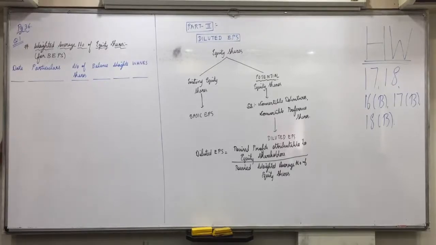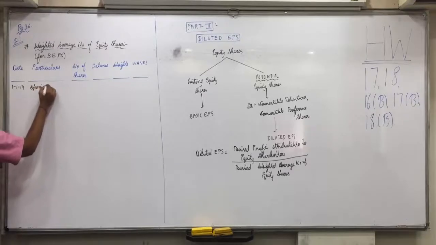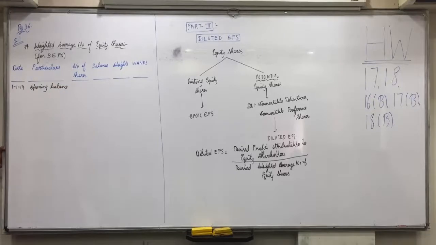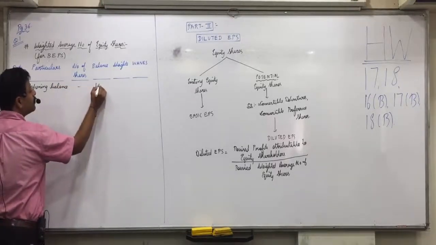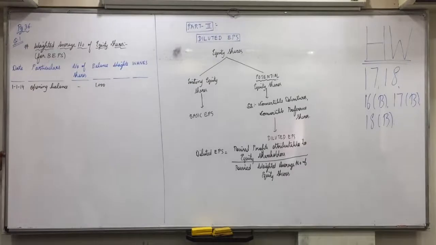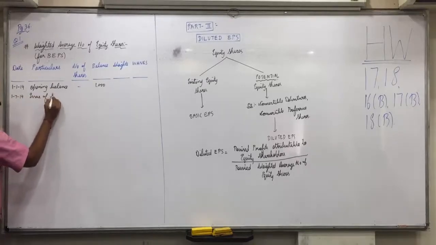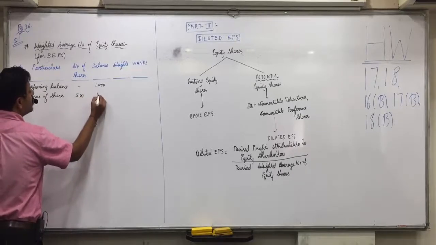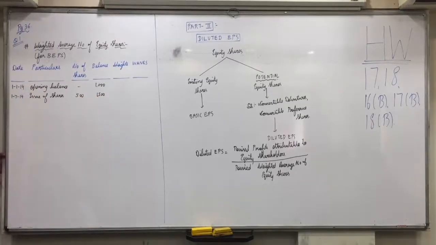Be attentive. For basic EPS, on 1/1/2014, we have opening balance of how many shares? 1,000 shares. Then 1st July 2014, issue of shares is taking place. How many shares? 500, so 1,000 plus 500, 1,500.